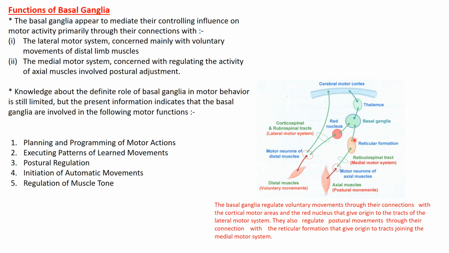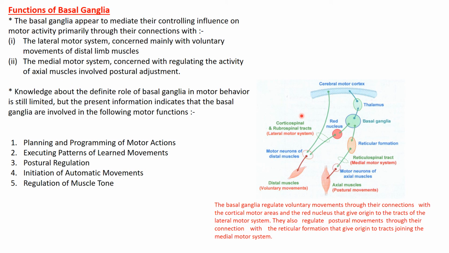At the same time, it has a connection with the reticular formation that gives the reticulospinal tract, which is a part of the medial motor system controlling the activity of the axial muscles that produce regulation of posture.